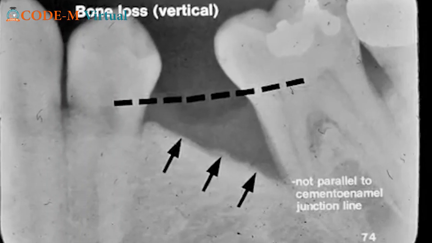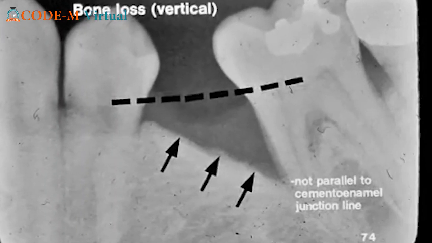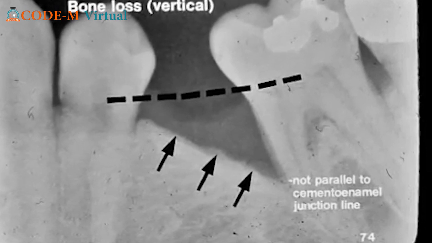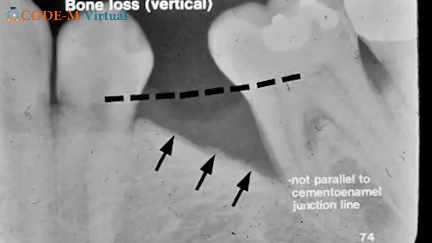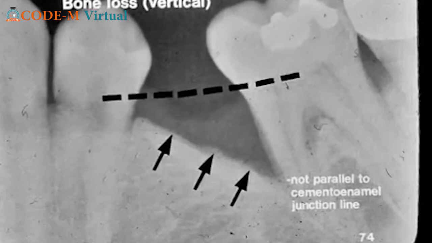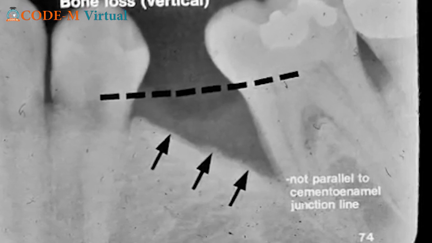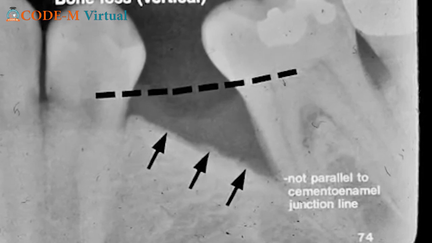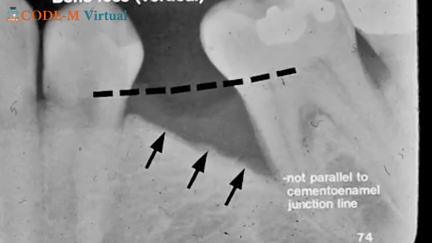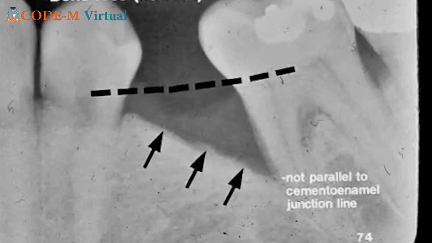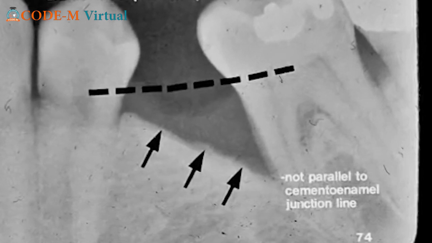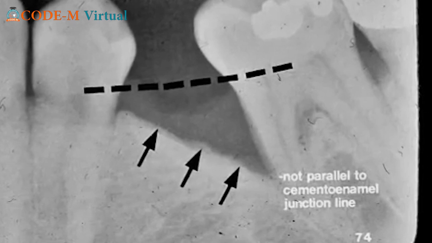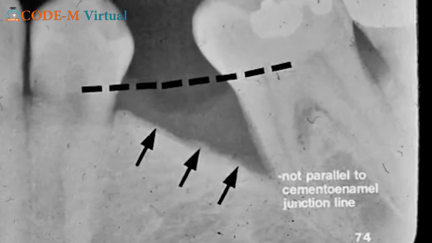Now check this x-ray. The three arrows are showing us the area of the alveolar bone, and the dotted line shows us exactly the position of the teeth, and we know that the area is showing the radiolucency, or the dark gray area.